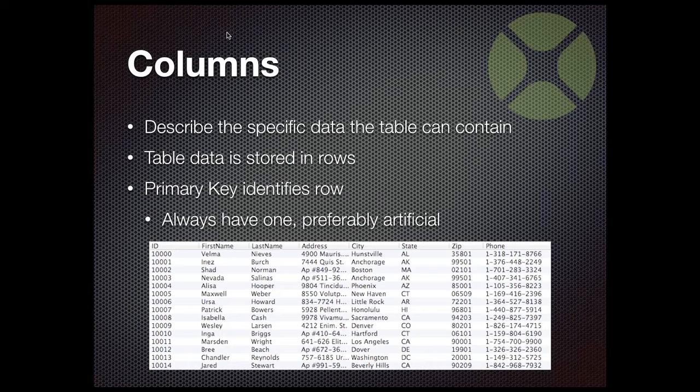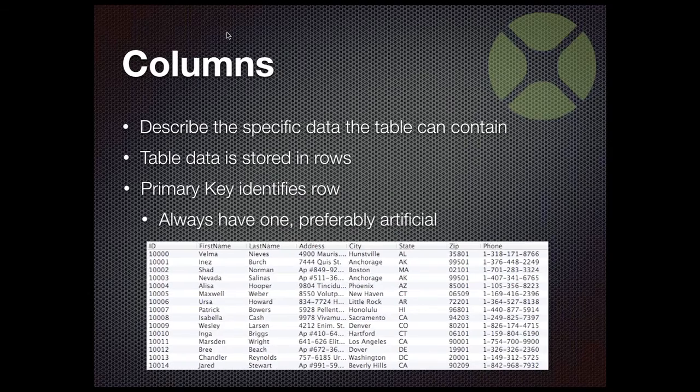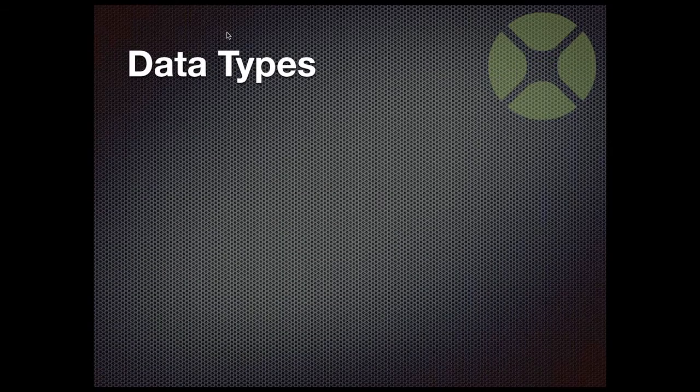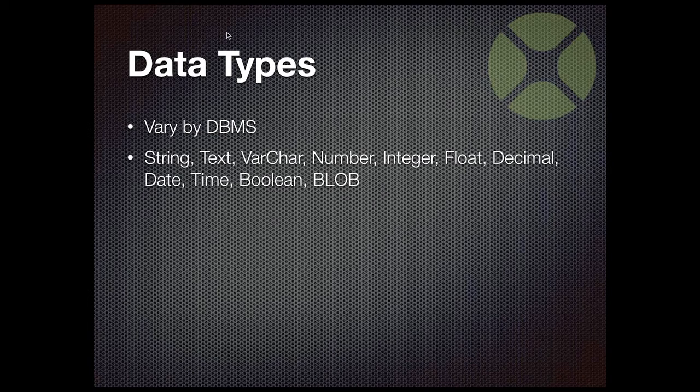Now each of these columns has different types of data in them, and you can control that using data types, much like you can with a programming language. The data types that are available vary greatly depending on which database system you're using. Here are some common ones: string, text, varchar. Those three are kind of synonyms for storing any sort of text data in a column.